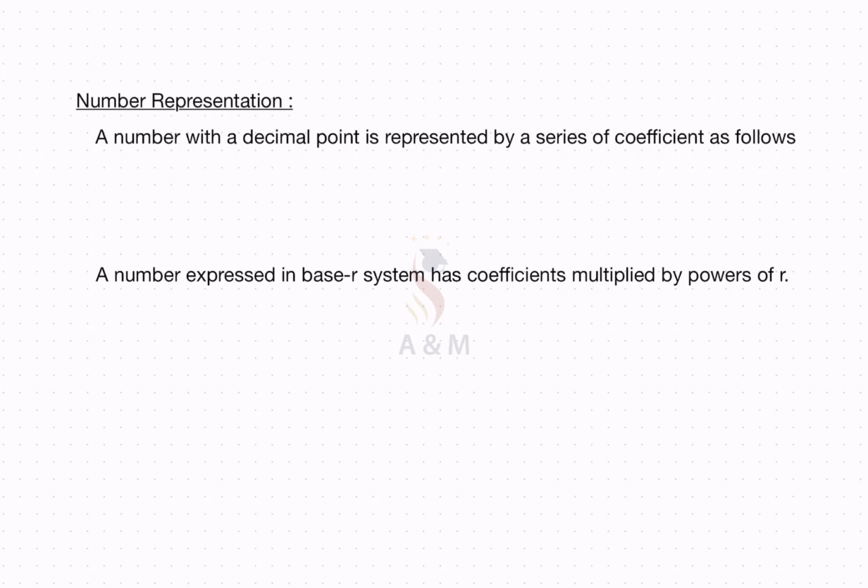Number representation. A number with a decimal point is represented by a series of coefficients, that is A3, A2, A1, A0 dot A minus 1, A minus 2, A minus 3.